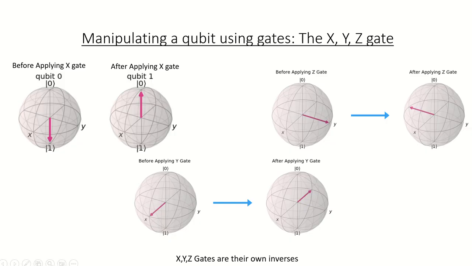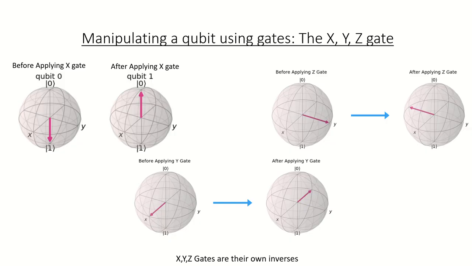So as you can notice, if we take a vector and rotate it by 180 degrees, then again apply the respective gate and rotate it through 180 degrees along the same axis, then we get our initial vector. That means if we do the same operation once again, we get the initial vector. That means the x, y and z gates are in fact their own inverses.